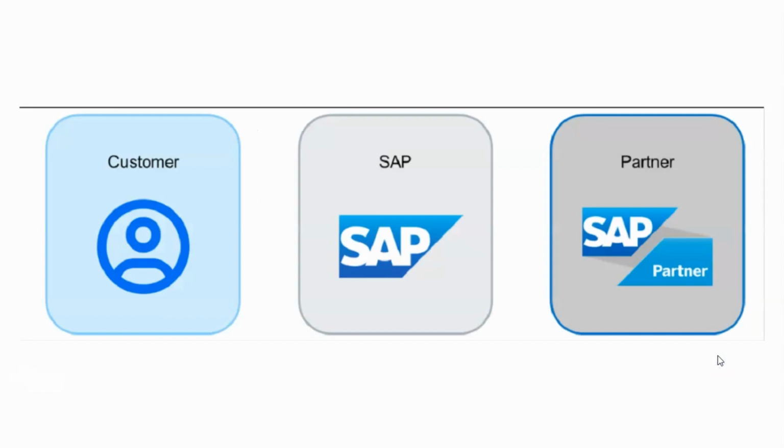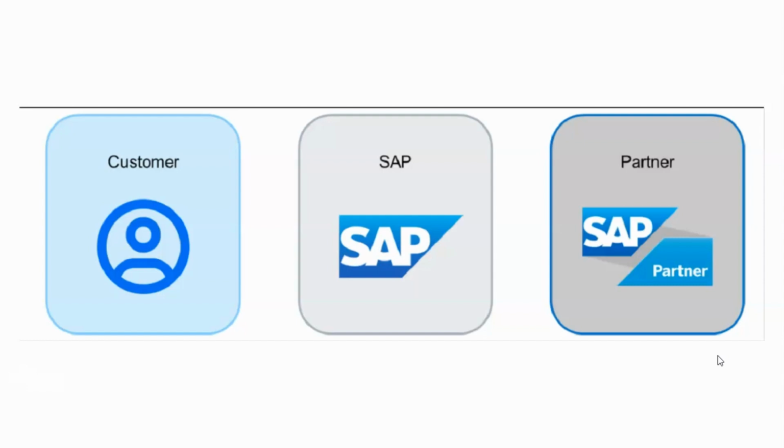Now, for the remainder of the course, the customer refers to someone who has purchased SAP software for their organization, or someone within the organization working as a part of a larger project team to support the implementation of that solution. Partner refers to someone working for an organization with which SAP has established a partner program to build, sell, service, or run SAP solutions.